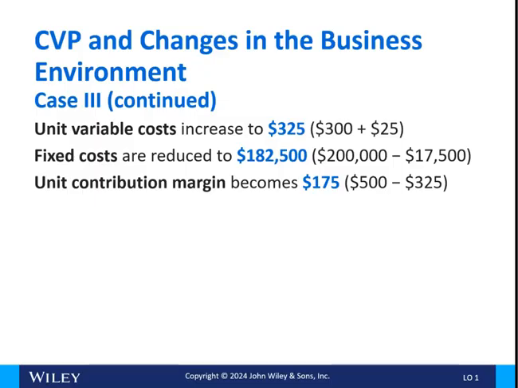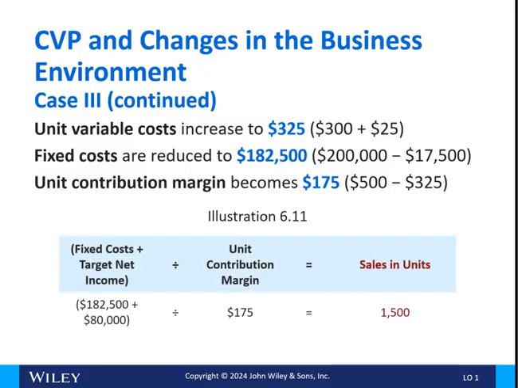Again, it's fixed cost plus target net income. So our $182,500 plus our $80,000 target, divided by our unit contribution margin, and we get 1,500 units that we need to sell in order to keep our same income, $80,000.